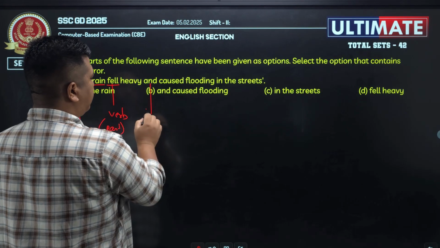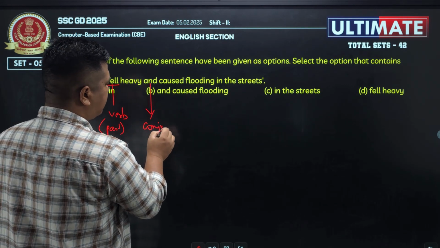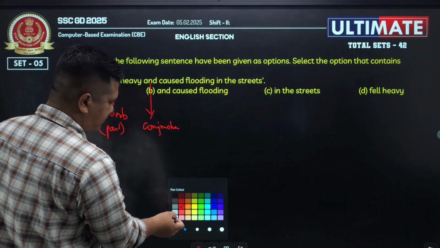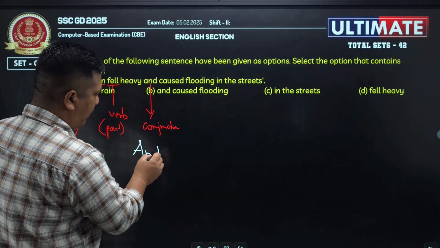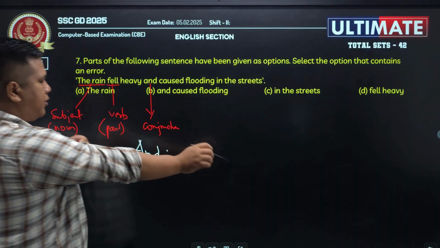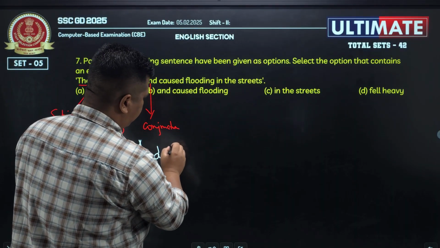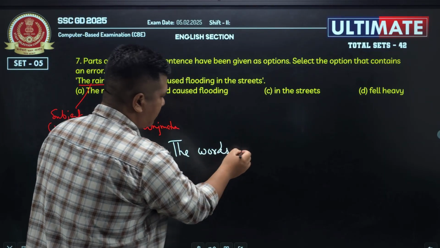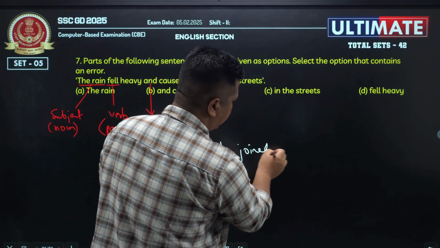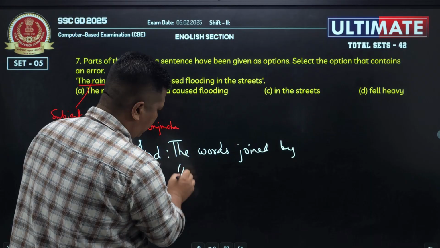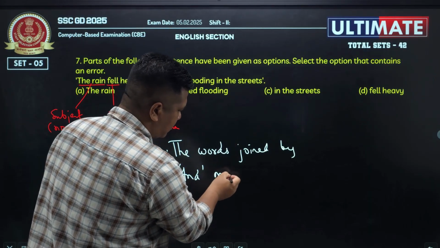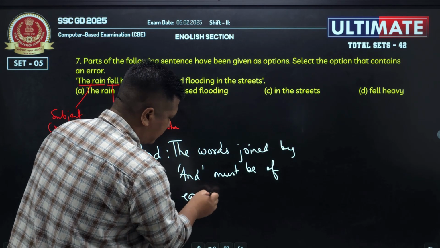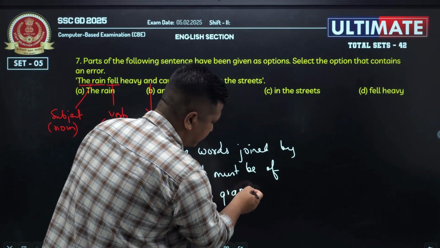So there is the conjunction and. Whenever the conjunction and is used, the words joined by and must be of equal grammatical value.